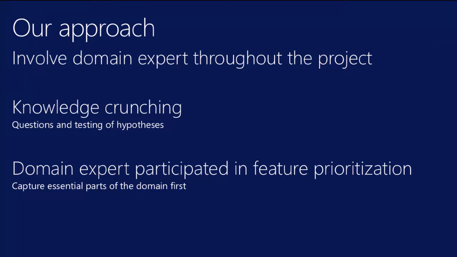We also let the domain expert participate in prioritizing features, so we could start by capturing essential parts of the domain, build a model based on that, and then not do anything more until we had discussed this with the domain experts. That would be an incentive for the domain expert to really get involved in the project, to see it grow from something very small to the finished system.